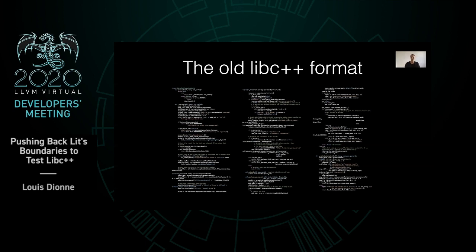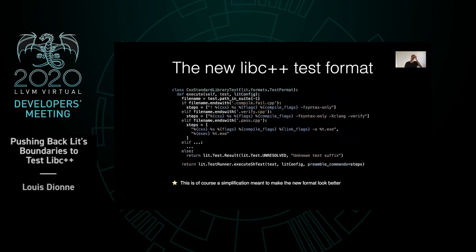So instead what we did is refactor it, and obviously here I'm simplifying everything to make it look really good. The new test format is quite complicated as well, but the principle is different. Now, basically what we do is we match the file name, we look at the suffix, and depending on the suffix, we do something different, which we already did before.